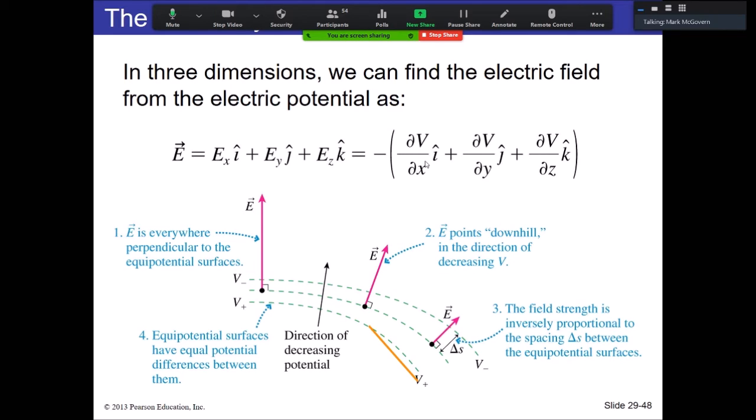And all this is really saying is this: if I take the derivative of the potential with respect to x, I'll get my electric field in the x direction. There are partials here because while y and z are variables, when we take the derivative, we treat them as if they are constants. And that's really all that means.